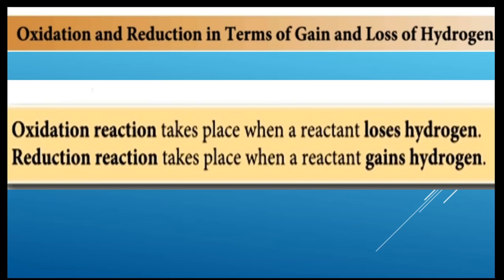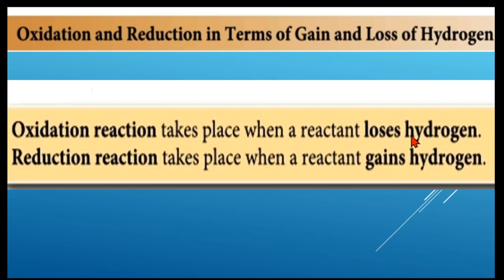Second one, redox or oxidation and reduction in terms of gain and loss of hydrogen. Tadi oxygen kan, so this one in terms of gain or loss hydrogen. So di sini dia terbalik. Oxidation reaction takes place when a reactant loses hydrogen.